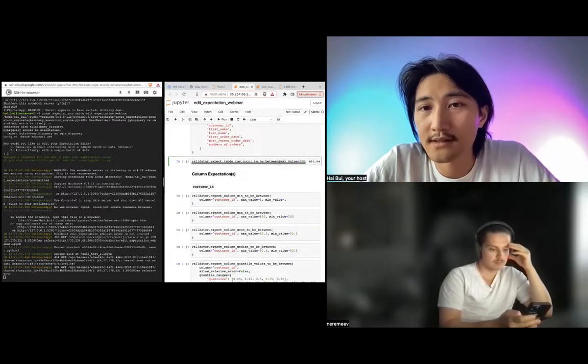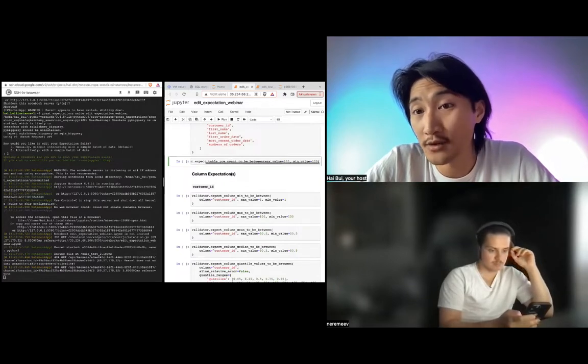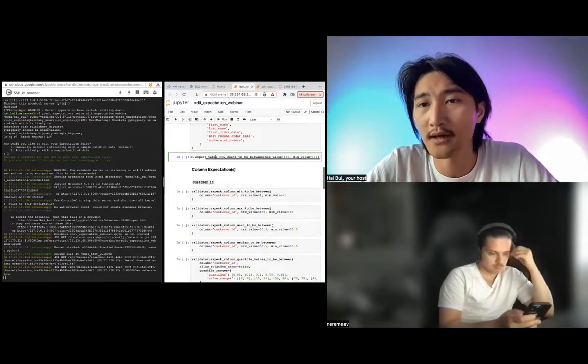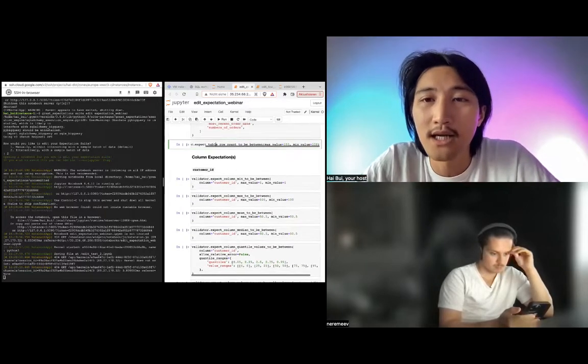This one tests if table row counts is between 100 and 100. The test that it auto generates for you, it's really simple and naive, and it's actually overfit on your data. So you have to go in there and edit it.